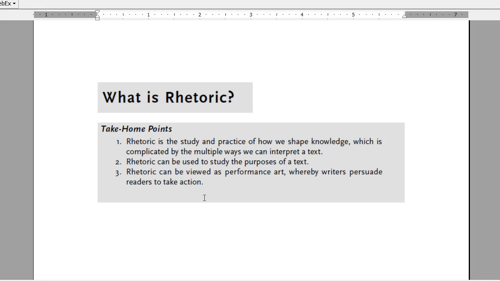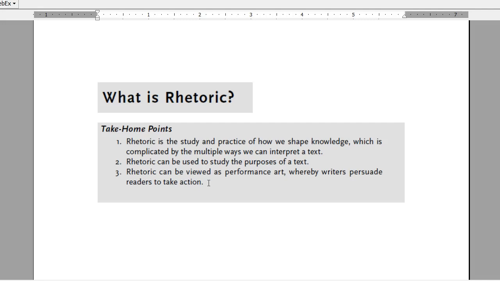And one form of this is if you look at first rhetoric as a study and practice, then rhetoric as a tool. This is looking at rhetoric as an actual art form. Rhetoric as an art form is most commonly used in politics, for instance.